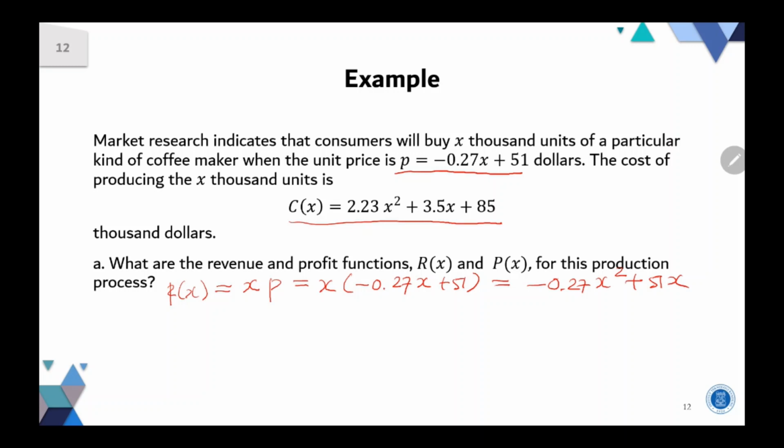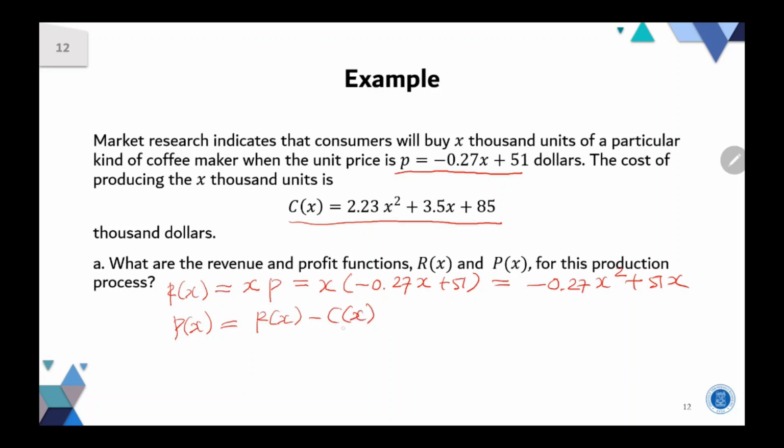Okay, so what is the profit? Profit, remember, how do you get profit? By subtracting the cost from revenue.